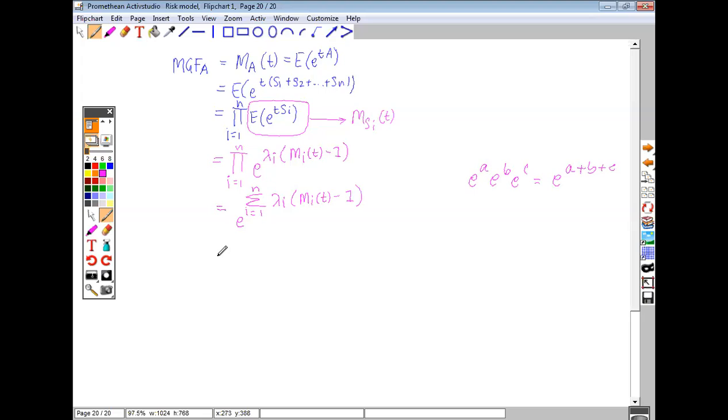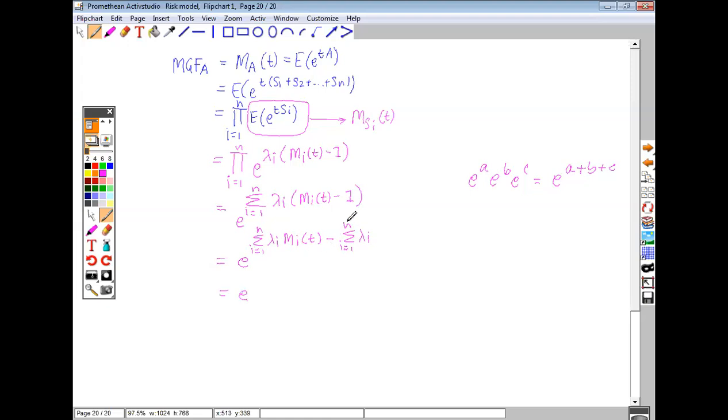All right. The next thing I'm going to do is a bit of manipulation. First of all, I'll just expand this. I will get the summation of lambda_i M_i(t), i going from 1 to n, minus the summation of lambda_i, i going from 1 to n, because the lambda_i gets multiplied into the bracket and the summation goes across as it is.